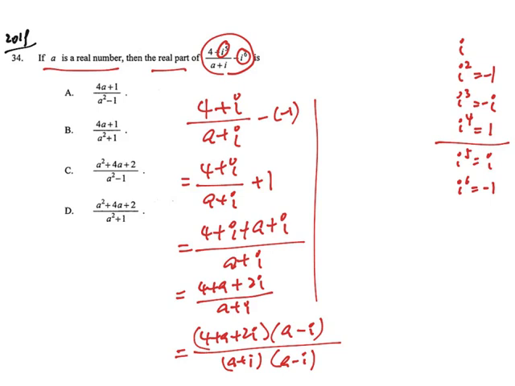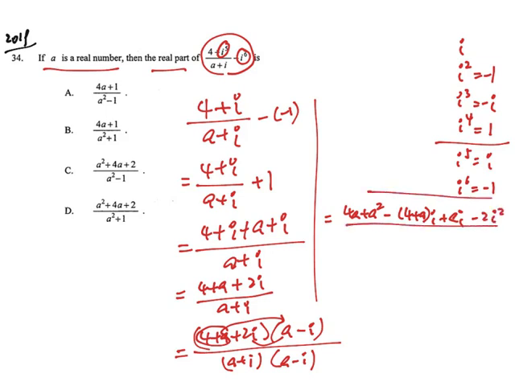Then we do the rainbow, so this part times this one, so it becomes 4a plus a squared, minus bracket 4 plus ai, and then plus ai, and then minus 2i squared. And for the denominator, actually it is a difference of two squares, so a squared minus i squared.